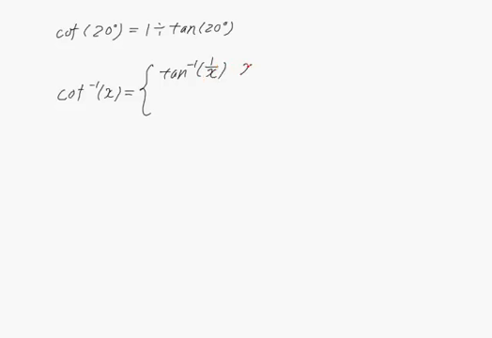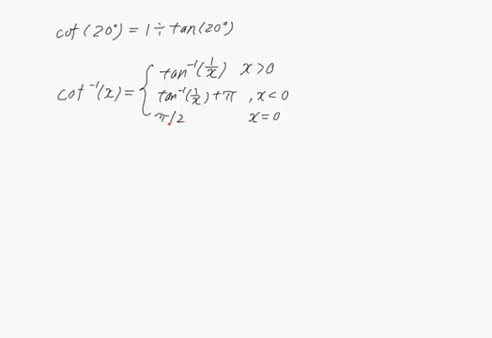And when x is negative, the inverse cotangent of x is equal to inverse tangent of 1 over x plus pi. And when x is equal to 0, you simply get half pi. This is how we find the inverse cotangent.